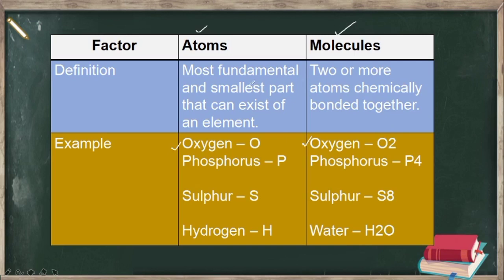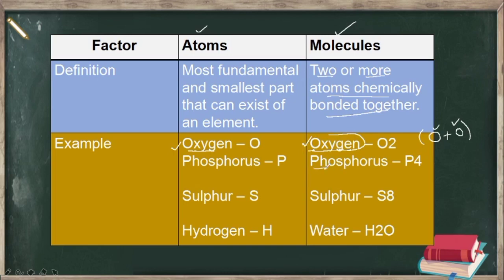That means here this is the smallest, fundamental part of an element. Which element? Oxygen. Whereas here oxygen is a molecule. Why is it a molecule? Because it is made up of two or more atoms chemically bonded together, where here, for example, O plus O, that means two oxygen atoms combined together to form an oxygen molecule.